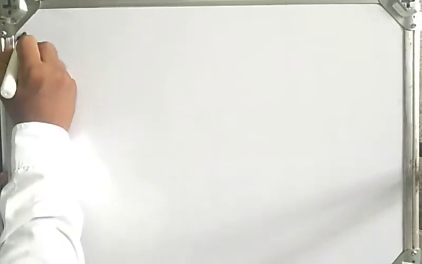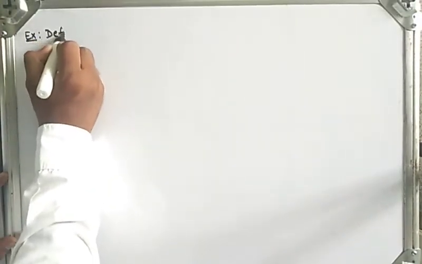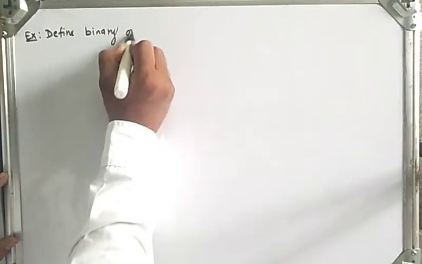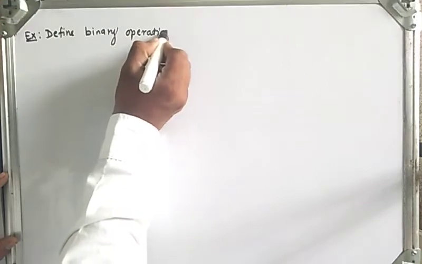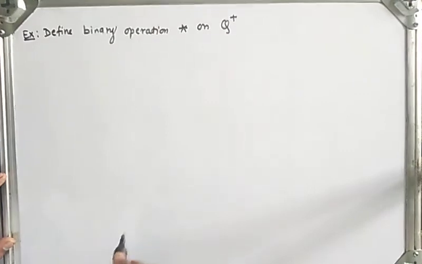Let's see another example. Define a binary operation star on the set of positive rational numbers.